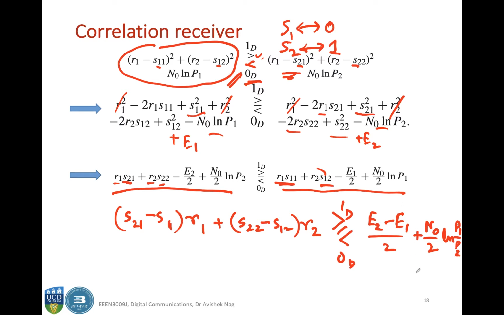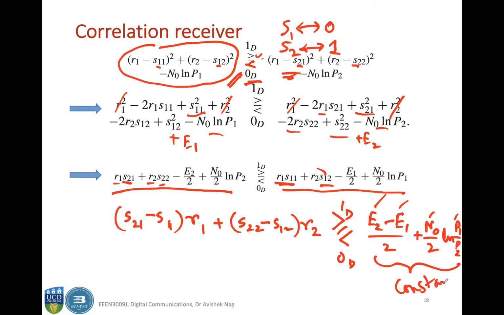These right hand side terms are all known beforehand. Since you are sending the signals from the transmitter, you know what their energies are and what the probabilities of those signals are. And N0 is also a constant. So the right hand side of this equation is a constant.